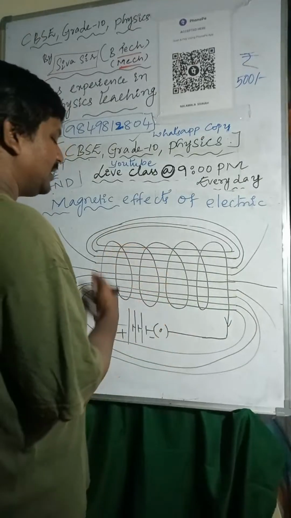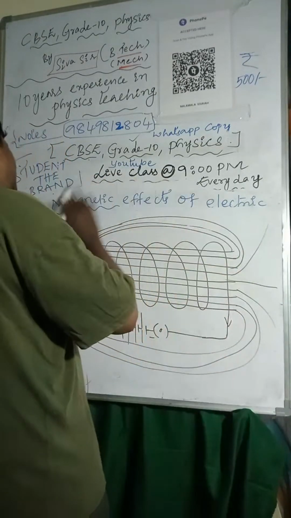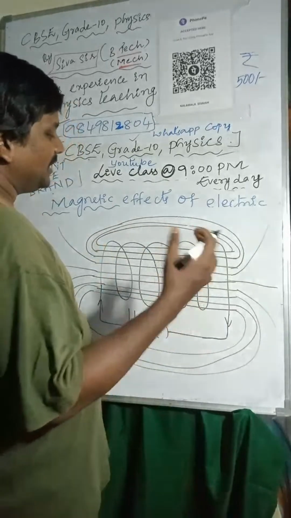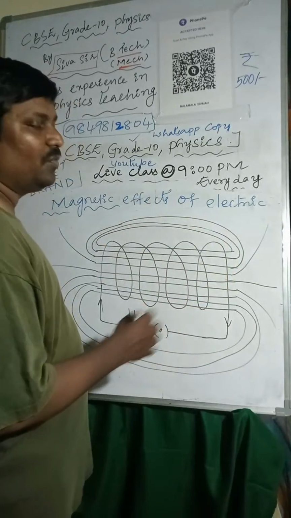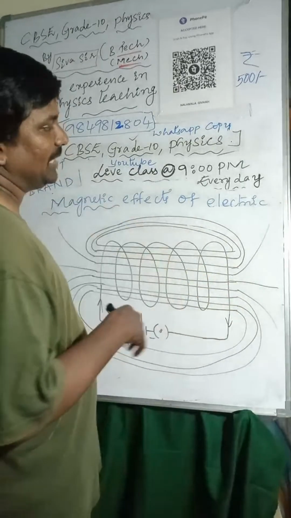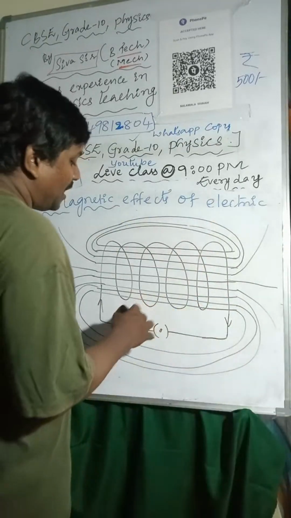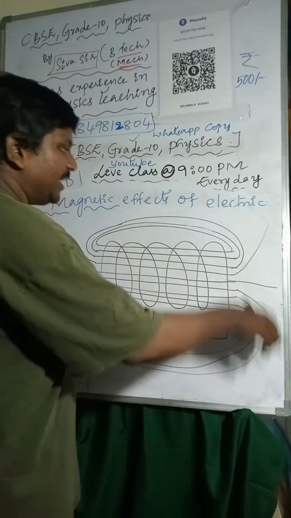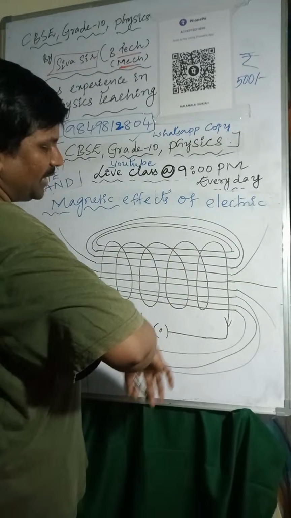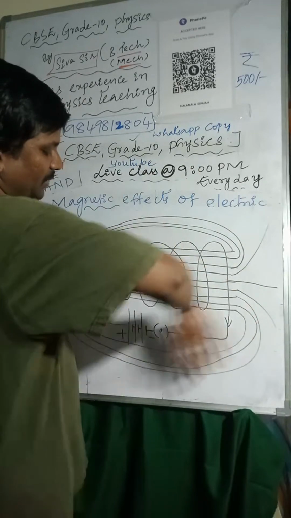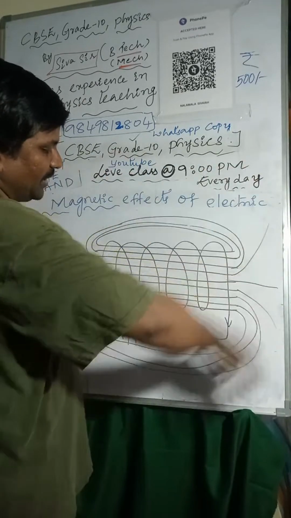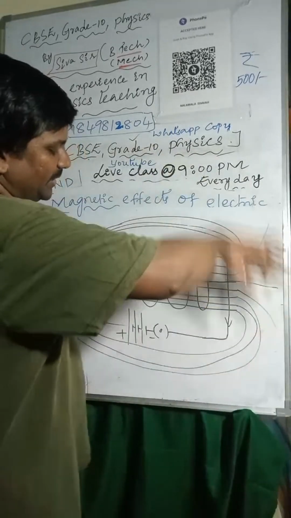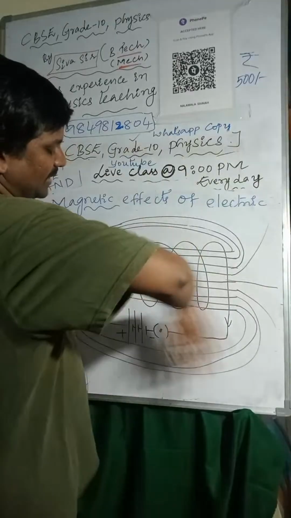If the charges are moving from the negative terminal to the positive terminal, that is called electric current. What type of charges? Positive charges, protons, move from the positive terminal to the negative terminal. Electrons move from the negative terminal to the positive terminal. Positive to negative is conventional current. Negative to positive is electric current.